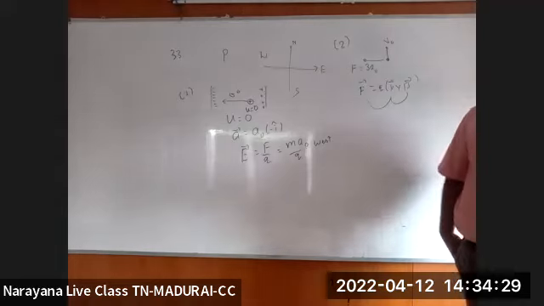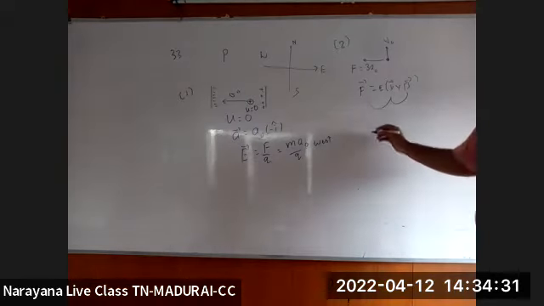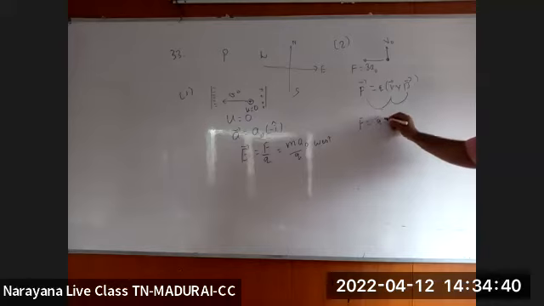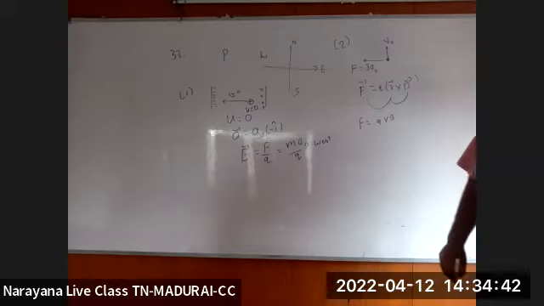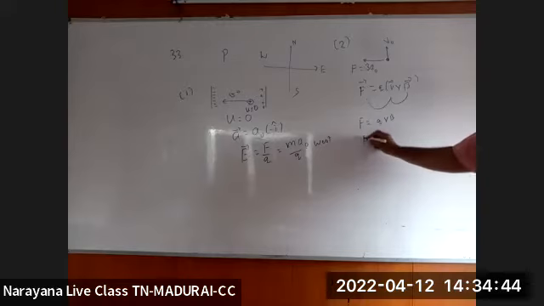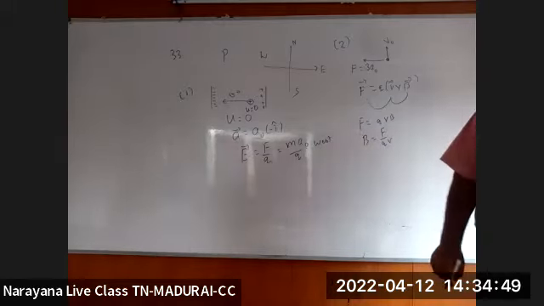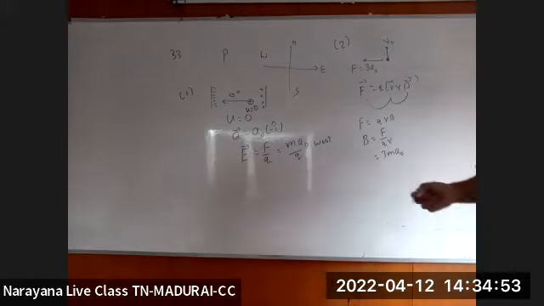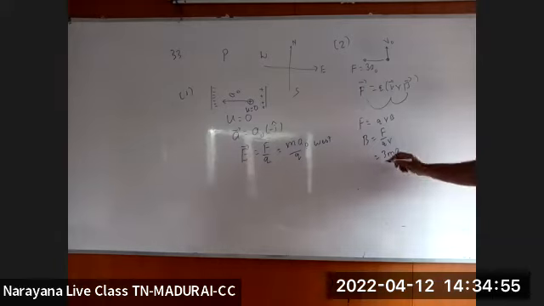How to find magnitude? It is asking magnetic field. So force equal to how much? Q into V into B into sin 90 only, no? So magnetic field equal to how much? F by Q into V. F value how much? 3 m into a naught. Mass into 3 into a naught acceleration, and divided by how much?